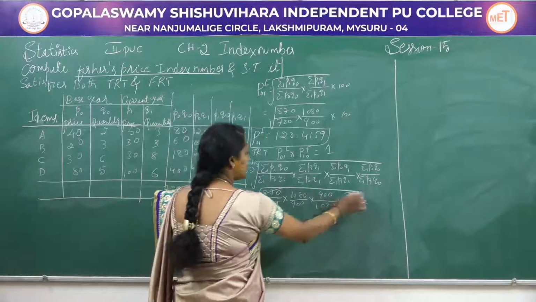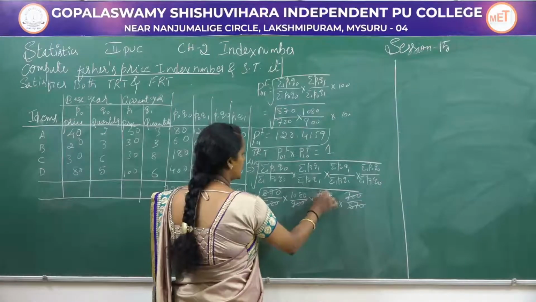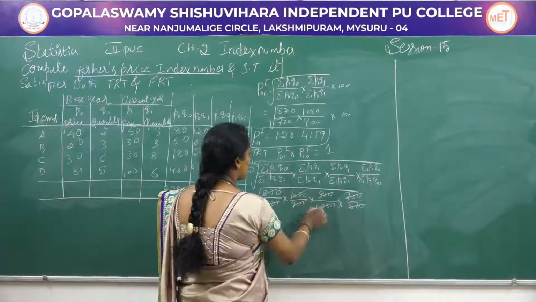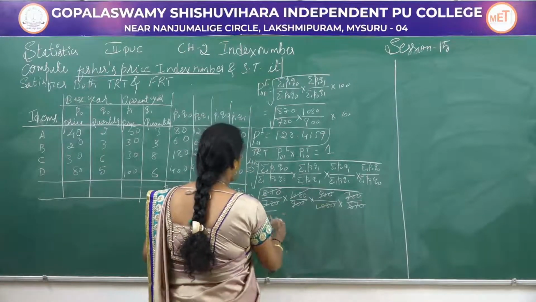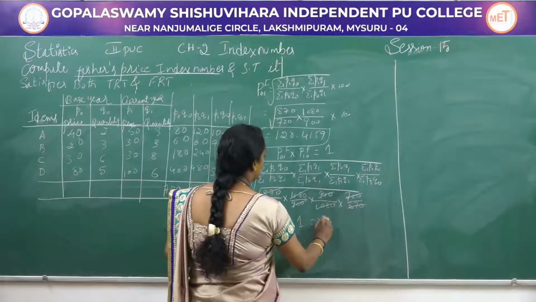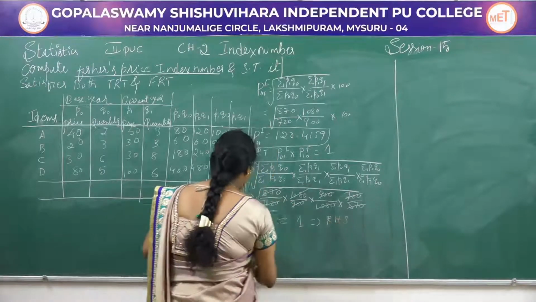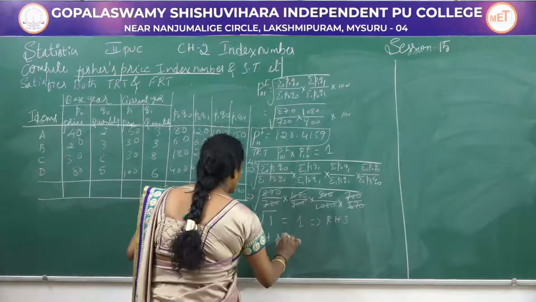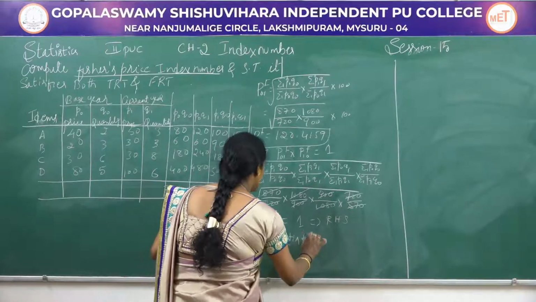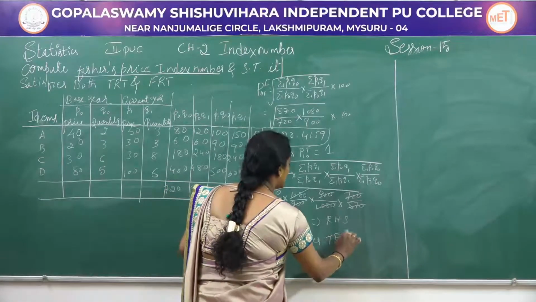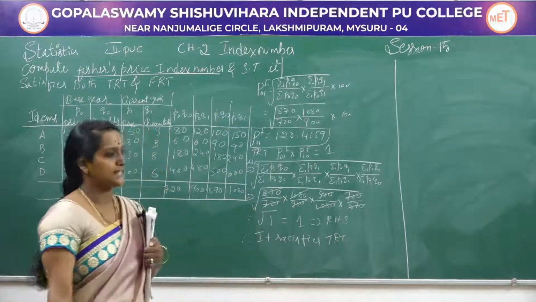Everything cancels, and it's the square root of 1, equal to 1. This is our RHS. Therefore, it satisfies TRT, that is time reversal test.